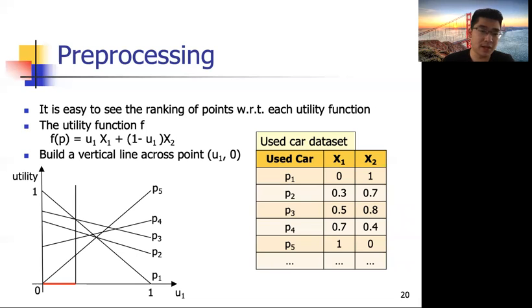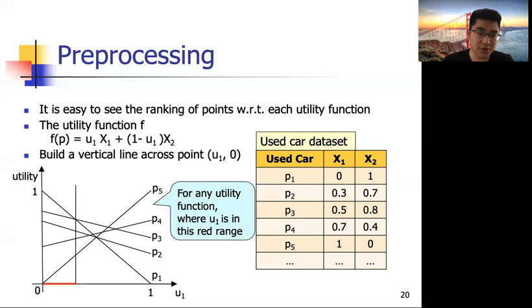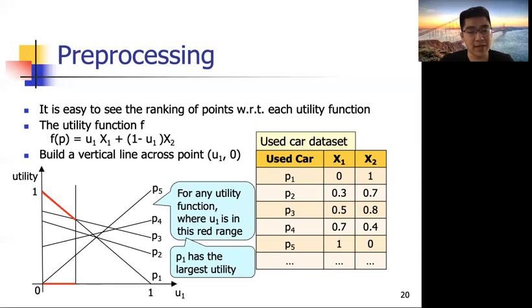For example, consider this right range. For any utility function where U1 is in this red range, the vertical line will first intersect with the line segment of P1. Thus, we can conclude that P1 has the largest utility.